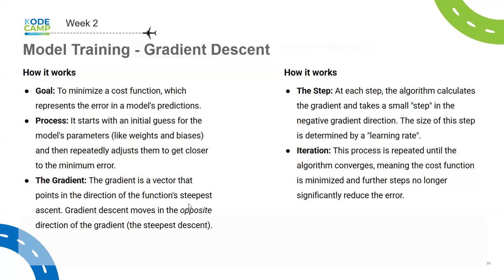Then you now calculate the gradient. At each step, the algorithm calculates first of all the loss, which is the mean square error, and then from the error it calculates the gradient. After calculating the gradient, it updates the parameter based on the gradient in the opposite direction to the sign of the gradient.